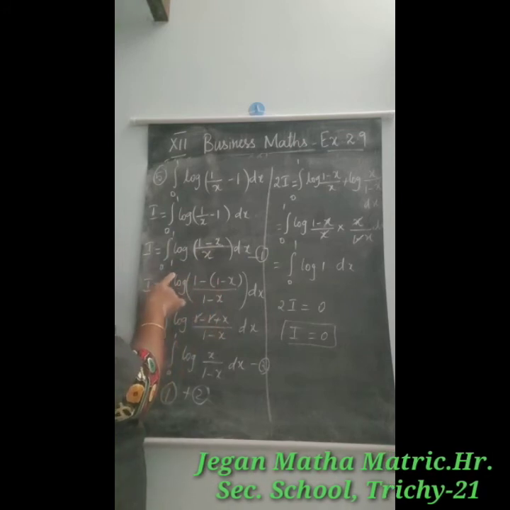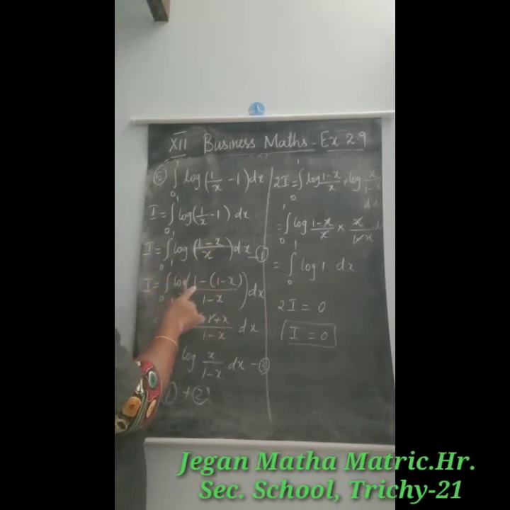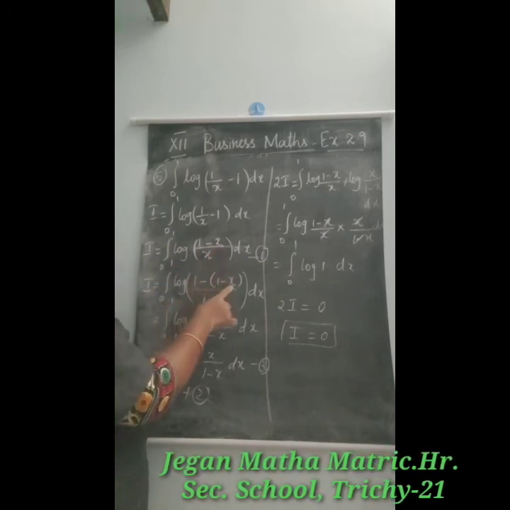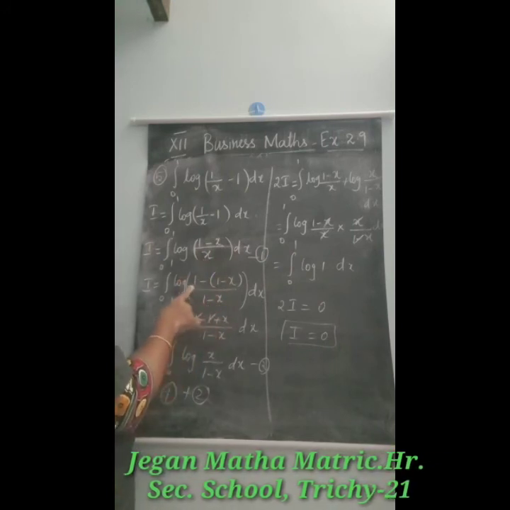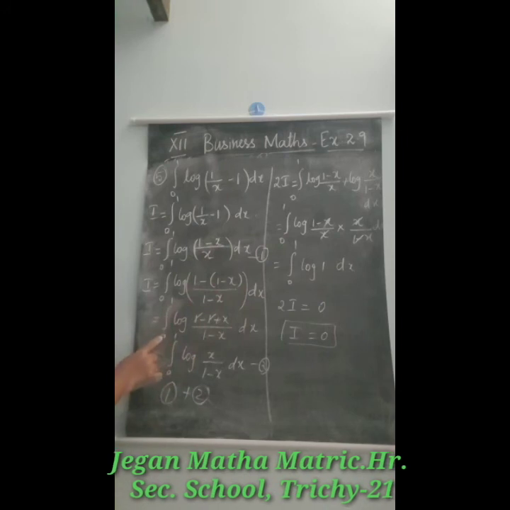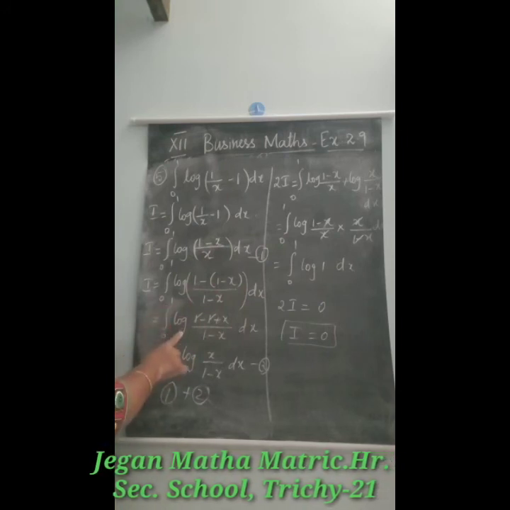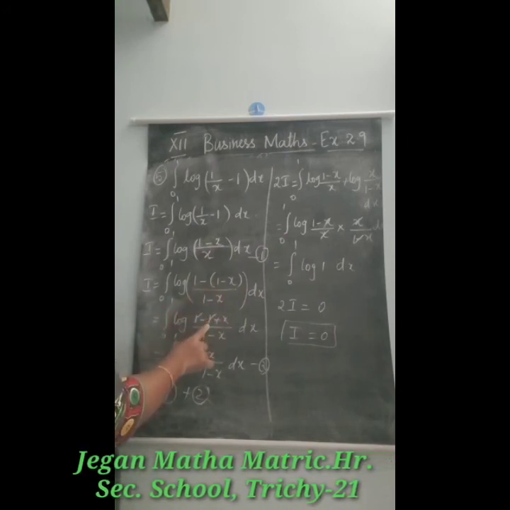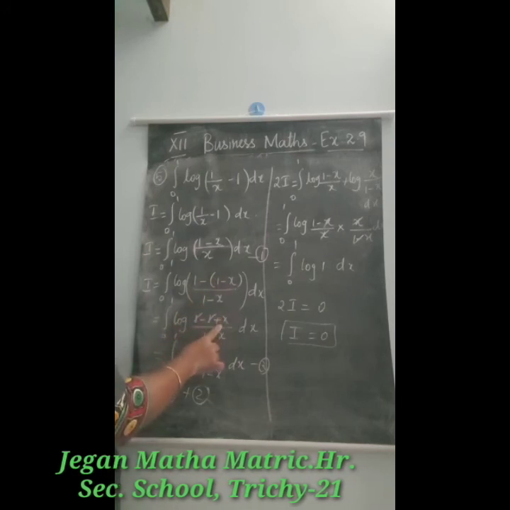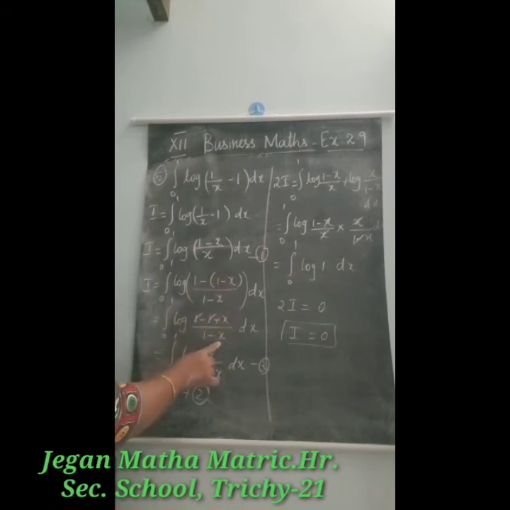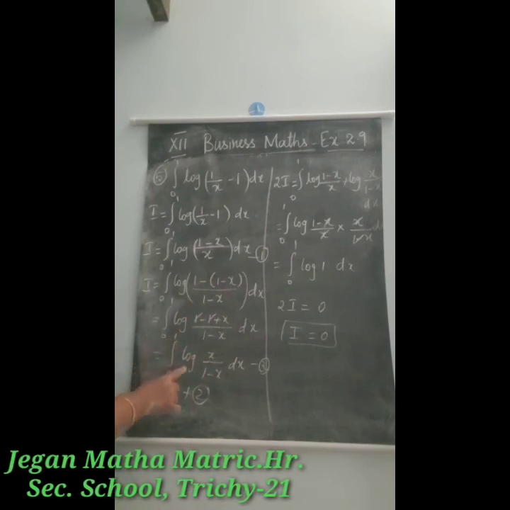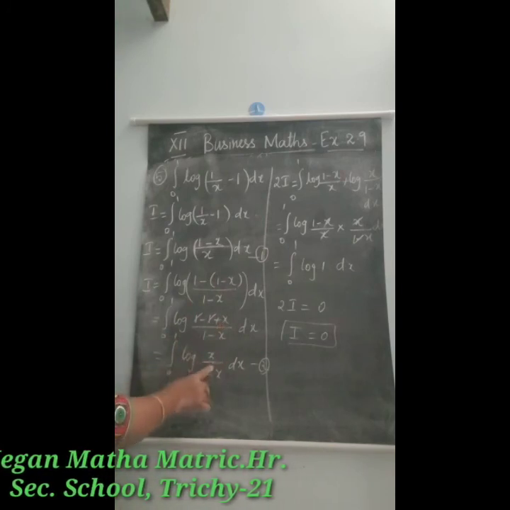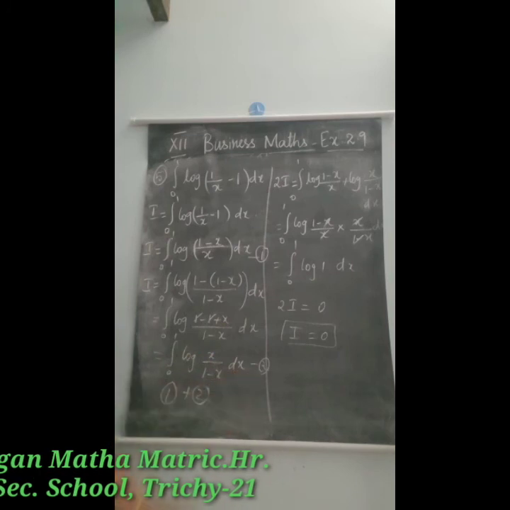What is a here? 1. So log of, instead of x, 1 minus x, and here also write 1 minus x. So the integral of 0 to 1 of log of (1 minus (1 minus x)), that is plus x, divided by 1 minus x dx. So the integral of 0 to 1 of log of x by (1 minus x) dx.